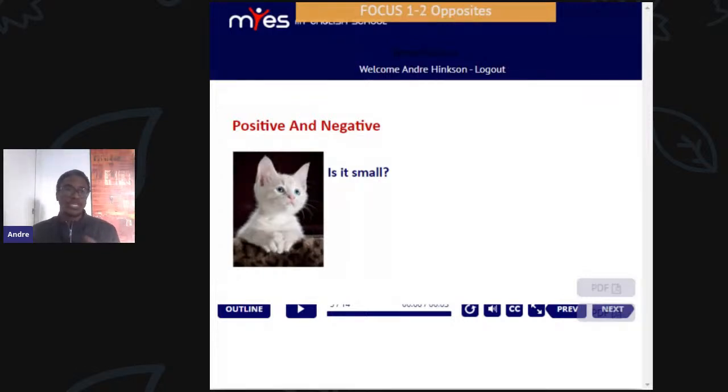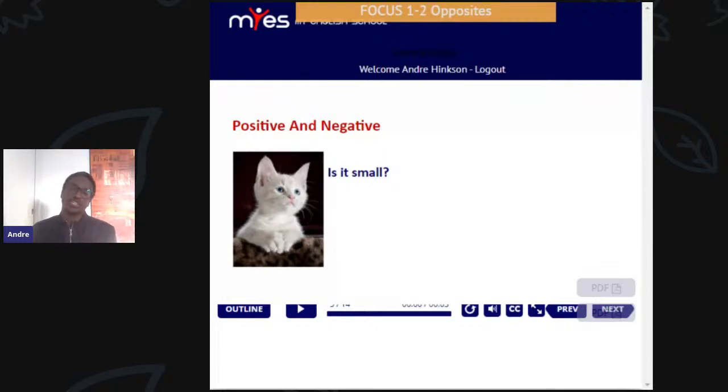Sometimes people will use he or she for animals because, of course, animals have a sex or gender as well. A cat or dog or animal can be male or female, so we can refer to them as he or she. But in general, we use third person it with animals.